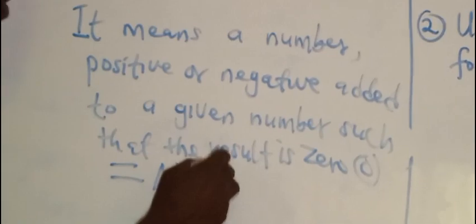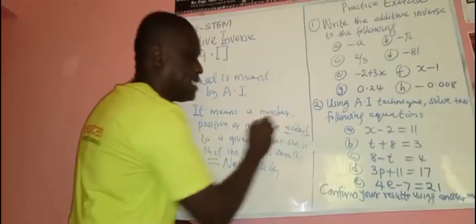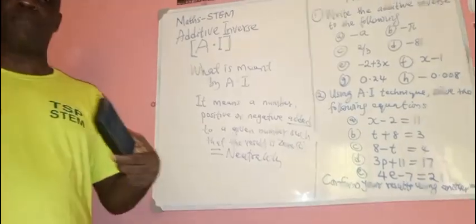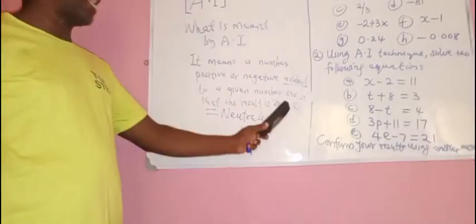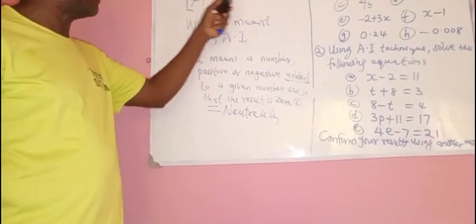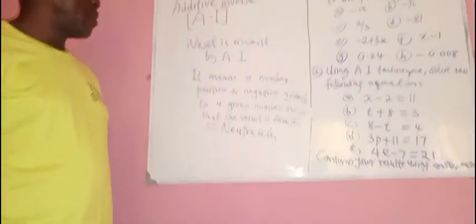Hello? Such that the result is 0, meaning the result is neutral by addition. Don't forget, anywhere there is addition, you add something, then you can end up having a neutral element, 0. Is that clear? When that happens, that means that is the additive inverse.